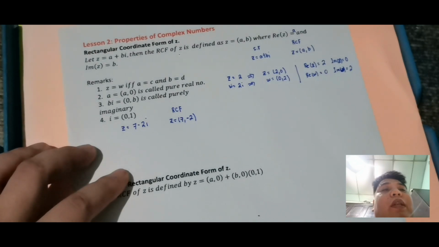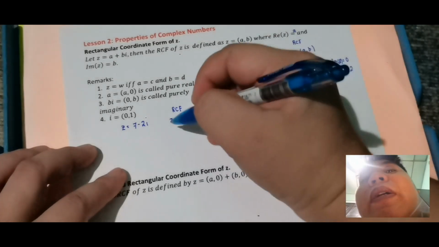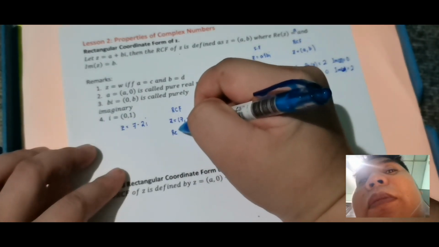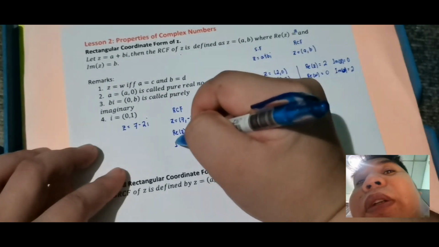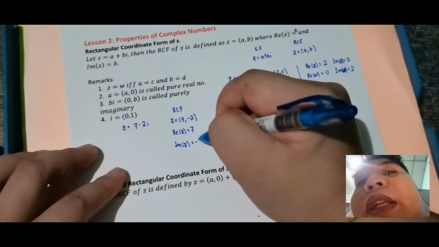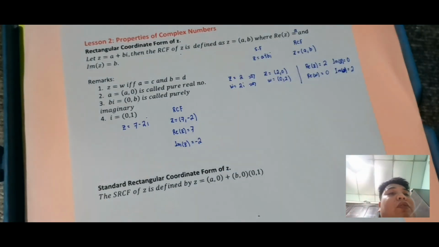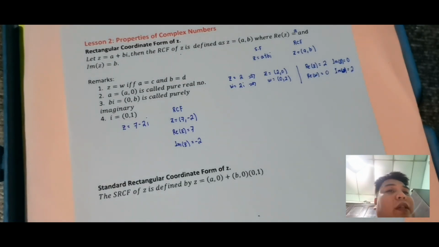Okay, hindi ko pwede sabihin abscissa sa coordinate yan. So, first coordinate and second coordinate. Okay, so, yan yung isa. So, ano yung real part? So, real part of z is equal to 7. Imaginary part of z is equal to negative 2. Okay, so, again, pwedeng from RCF papunta sa SF. Okay, so tandaan yung mga bagay na yan.